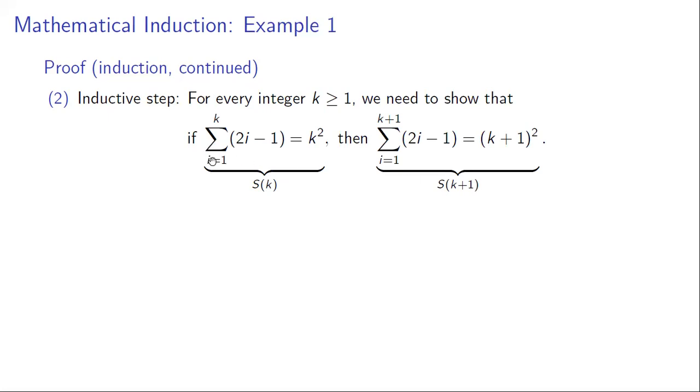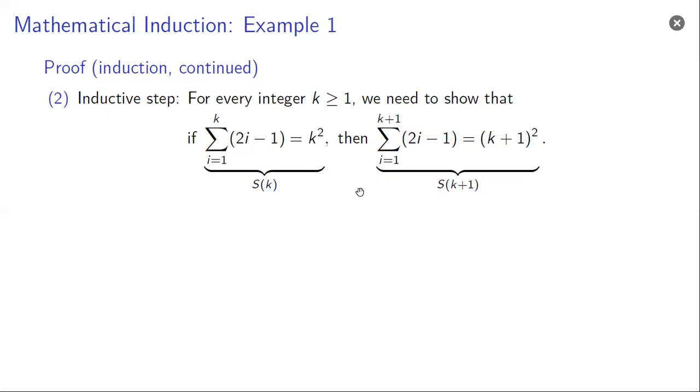Meaning, if the sum from i equals 1 through k of 2i minus 1 is equal to k squared, then we are forced to say that the sum from i equals 1 through k+1 of 2i minus 1 should be equal to (k+1) squared. So again, we want to prove that if S(k) is true, then S(k+1) must be true as well.